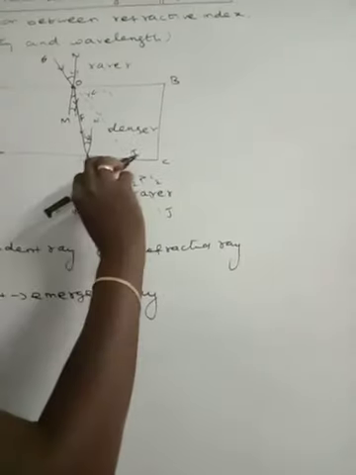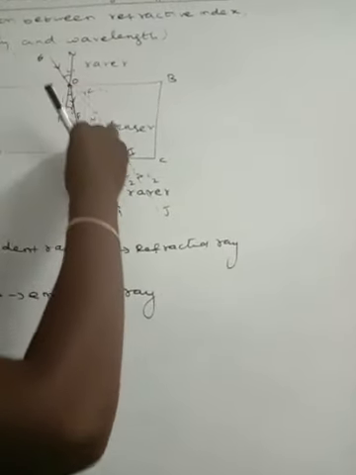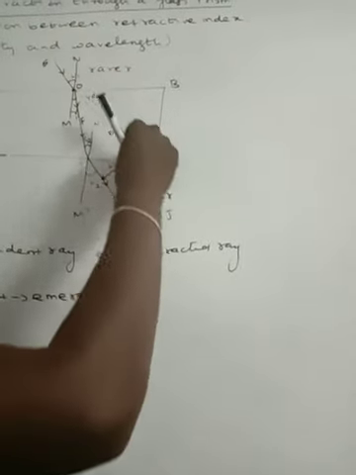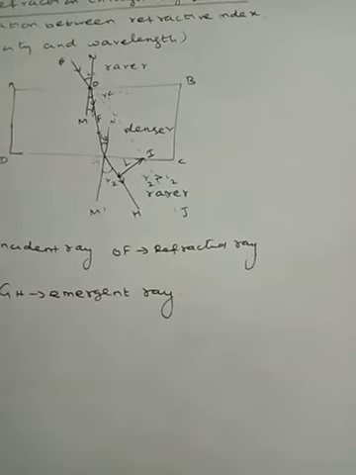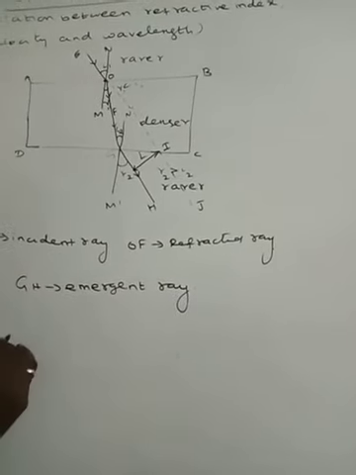So the distance between the emergent ray and the incident virtual ray is called lateral displacement. L is called the lateral displacement.